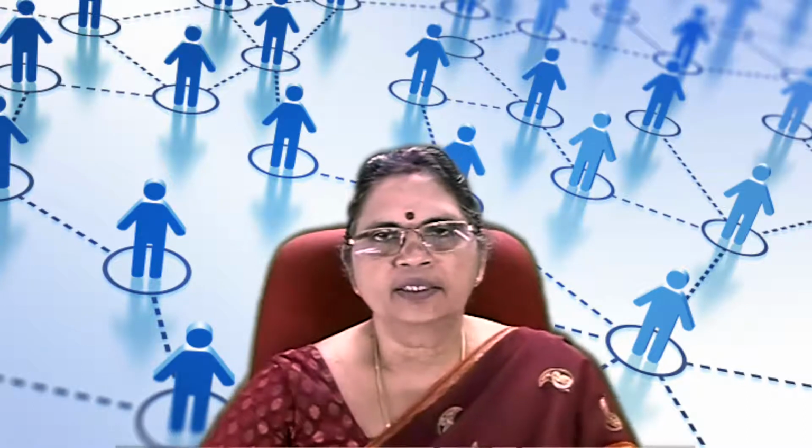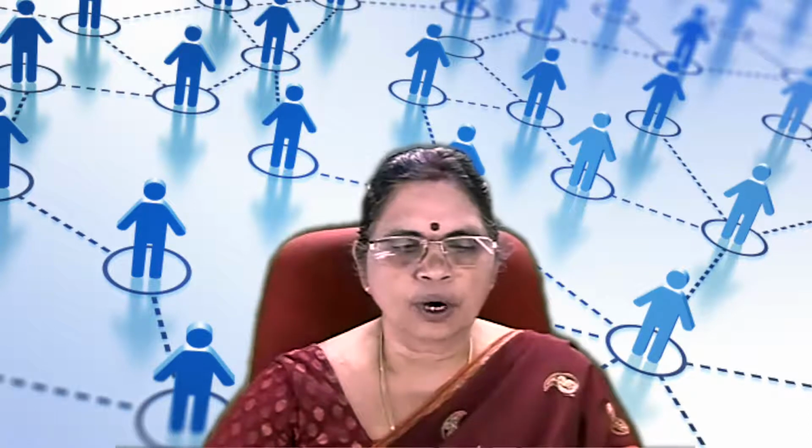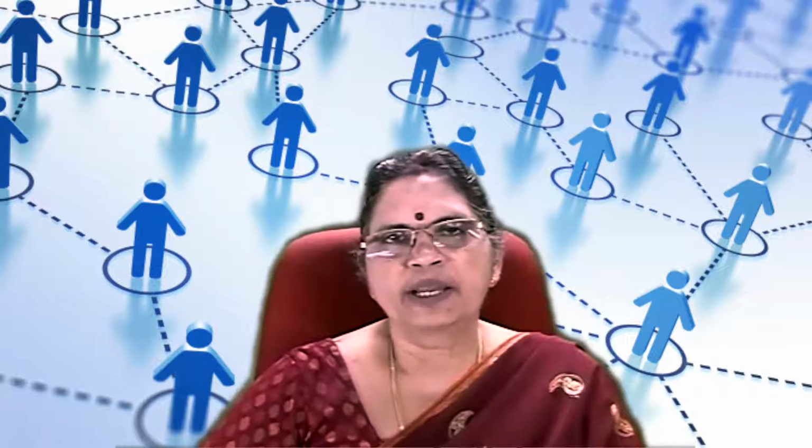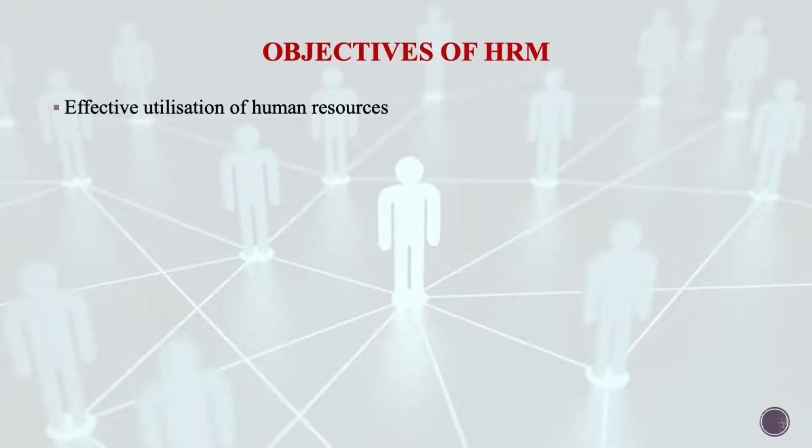So let's look at first what are the objectives of HR. The objectives of HR management, primary objective of course is effective utilization of human resources. This we have reiterated earlier also. Then maintaining interpersonal relationships, that is between individuals, among groups, good and harmonious relationships, as well as with the management.